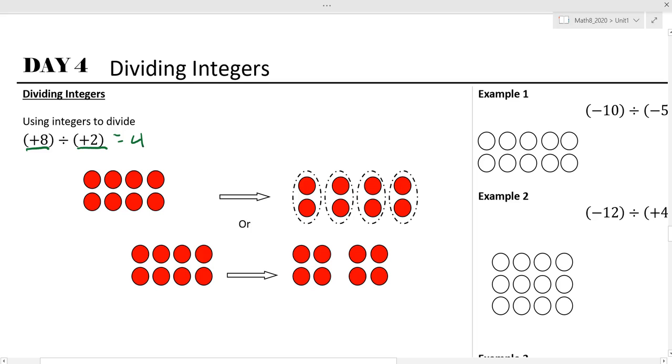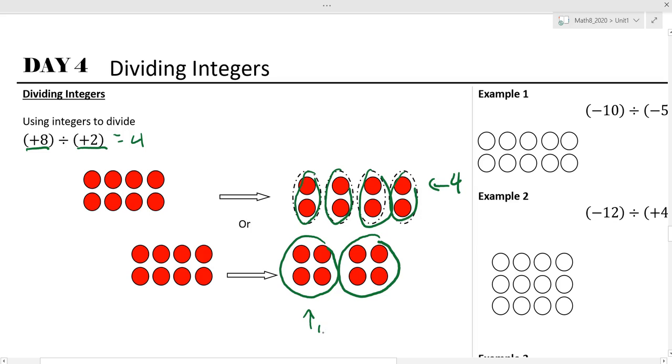You can take 8 and put them in groups of 2, and how many groups do you have? 4, right? Or the way my mind works, you take 8 and you put them in 2 equal groups. 1, 2, and how many are in each group? 4. So division can work both ways, right?